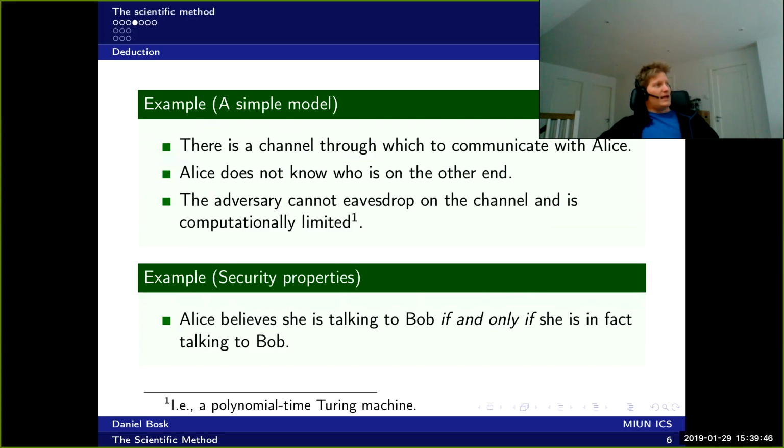And Alice is not convinced that she's talking to Bob unless she's actually talking to Bob. So if you or I go to the pipe and say, "Hey, I'm Bob," then Alice will not be convinced if she follows our protocol. So that's the idea.